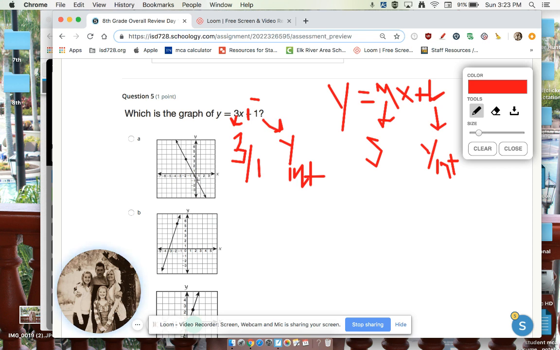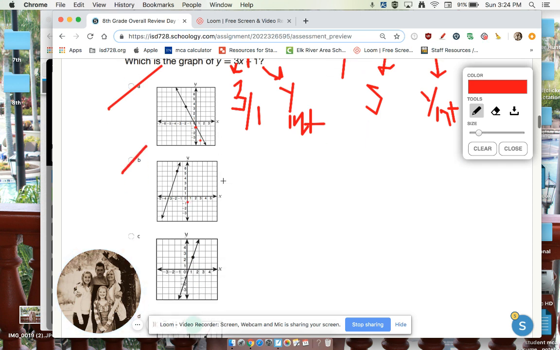So this one crosses the y-axis at negative 1, but it looks like I go down 1, 2, 3, down 1, 2, 3 over 1. So it's not even a positive slope, so that's out of the question. This one does not cross the y-intercept at negative 1, so again, that is not right.